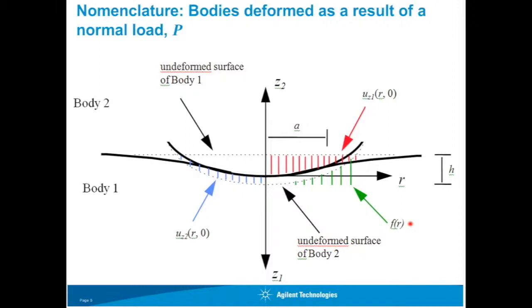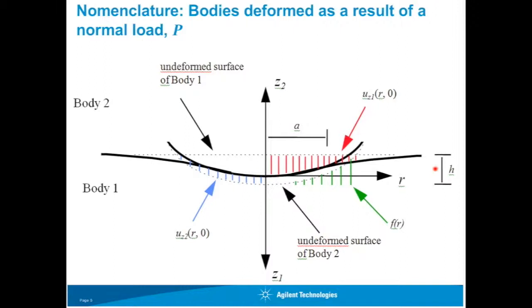That's the distance between the original shape of body 2 and the original shape of body 1, which in this case is a flat surface. So why go into all of this? Well, the most important thing to note is that everywhere within the contacting region, the red plus the blue plus the green equals a constant value, or h, the measured displacement or the total mutual approach.